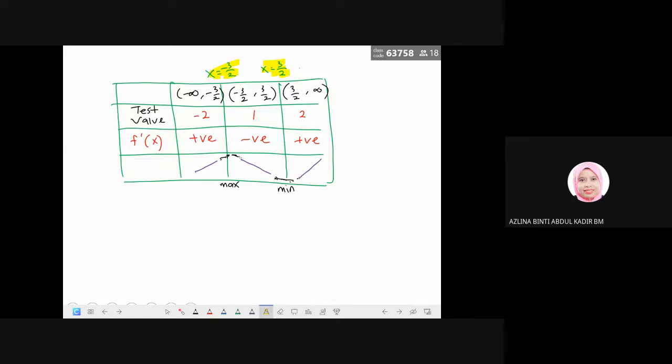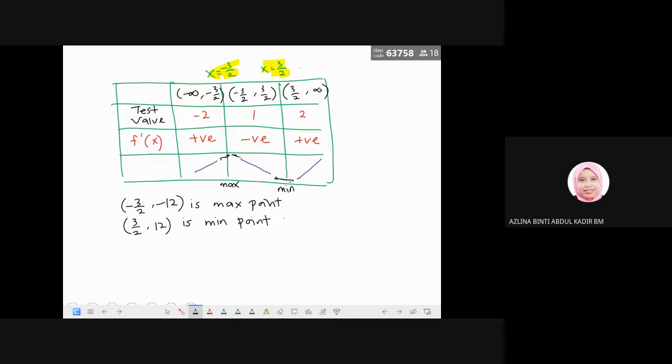So tulislah: negative 3 over 2, negative 12 is maximum point. And then 3 over 2, positive 12 is minimum point.